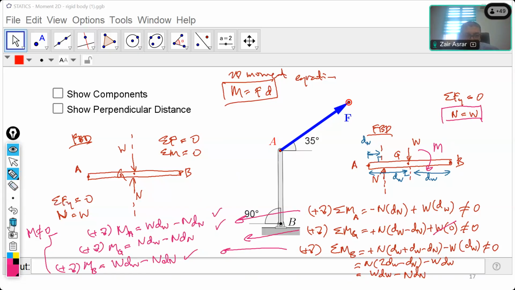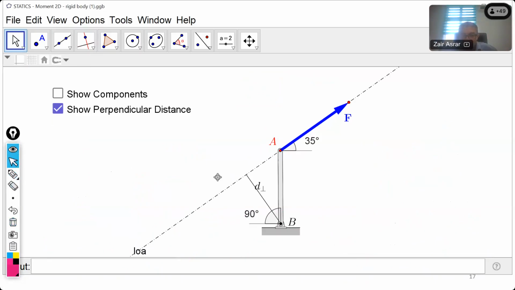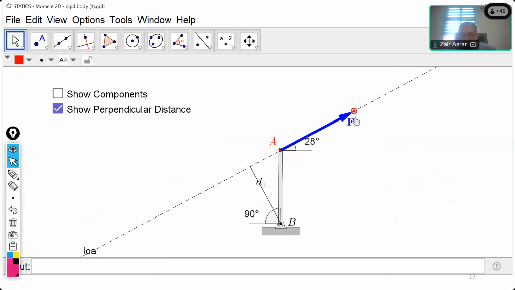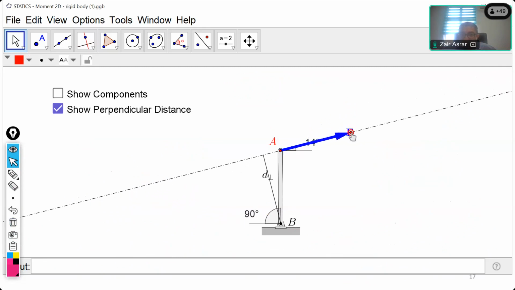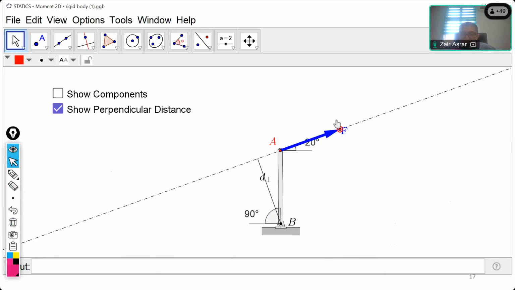Let me remove this one first. So if we are having this, I can show you the perpendicular distance. This will be the perpendicular distance. This will be the line of action for the force. And you can see that if I change the angle, the perpendicular distance will also change depending on the line of action or the line of force.